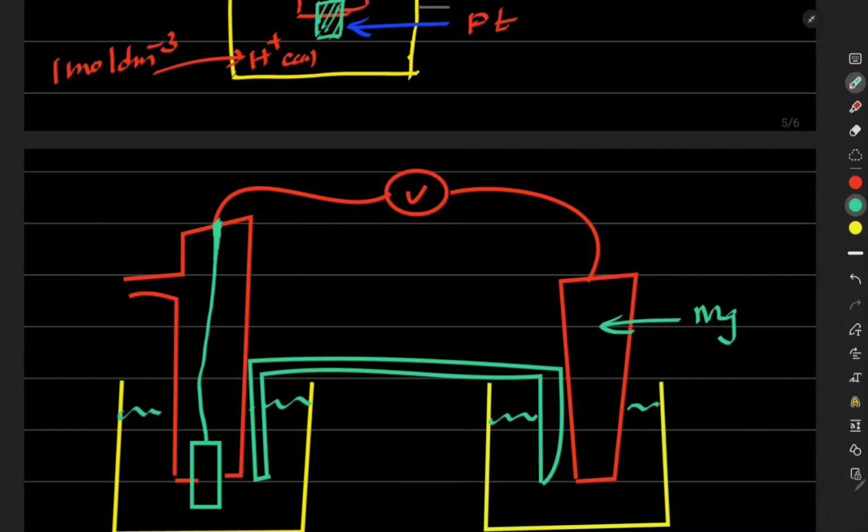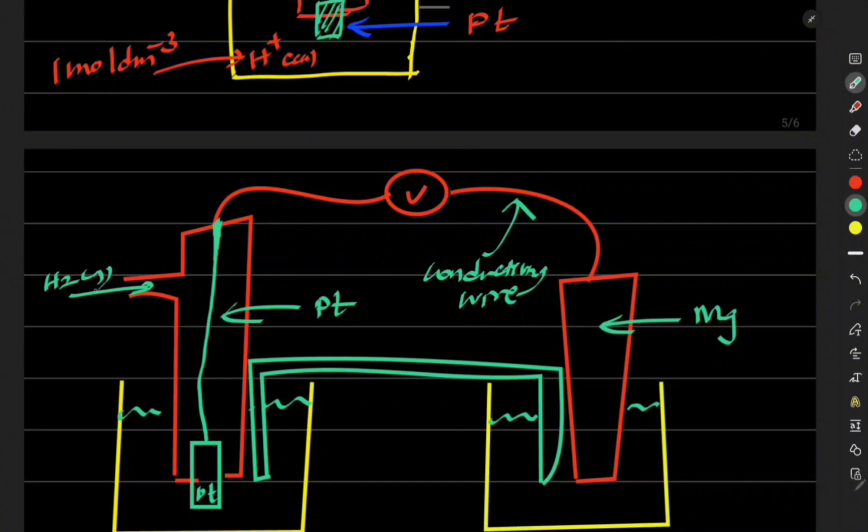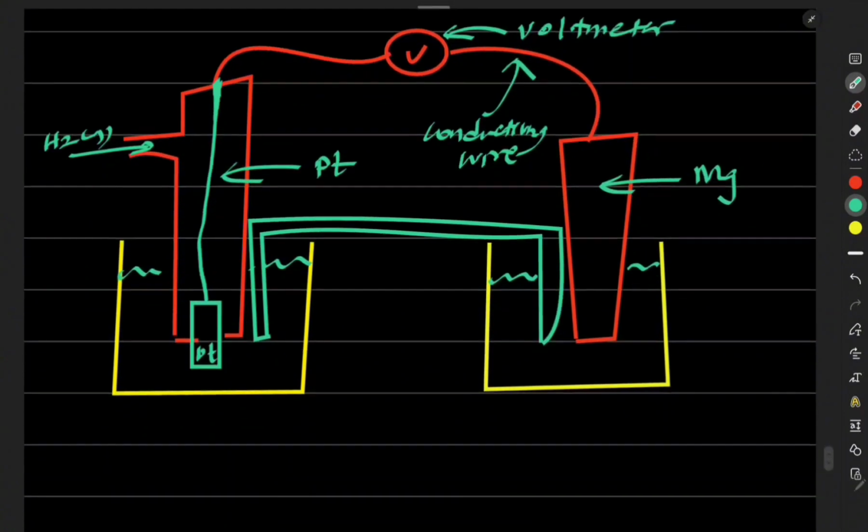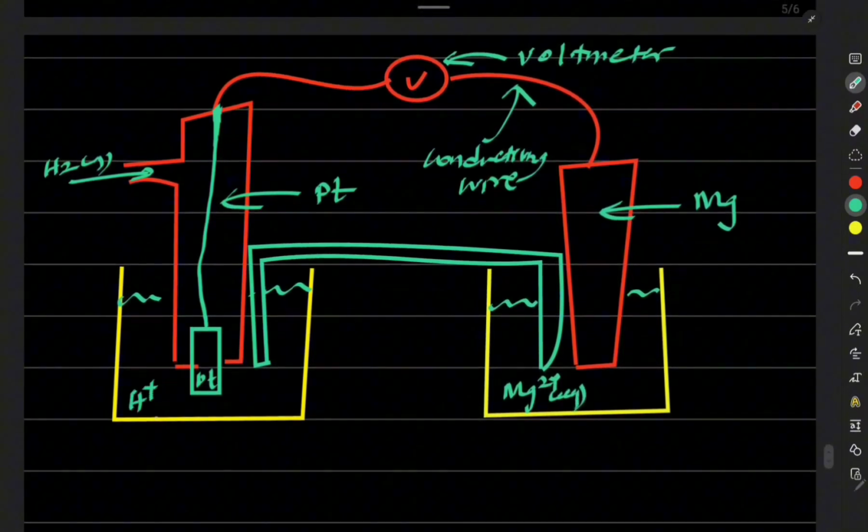This is Pt, a Pt wire, and these are conducting wires, and here the H2 gas is inserted, and this will be a voltmeter. In this solution there will be magnesium 2+ ions, and here there will be H+, which is 1 mol dm^-3, and this is the salt bridge. I'll explain what a salt bridge is.